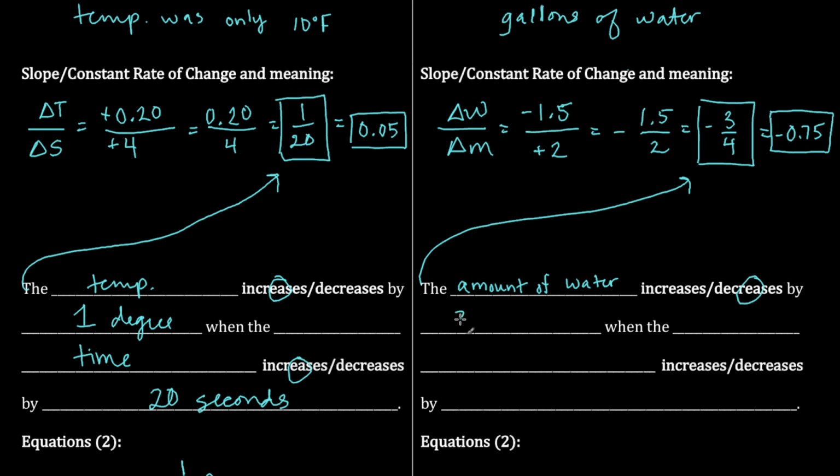The amount of water decreases by 3 gallons when the number of minutes increases by 4 minutes. You could have also said when the time increases, which is probably what I should have written.